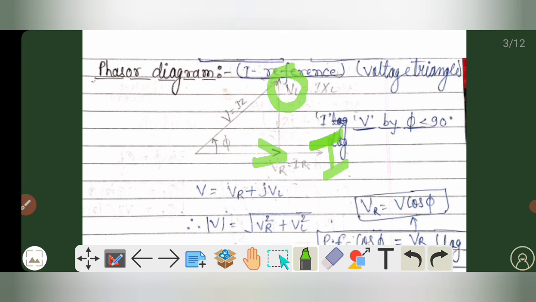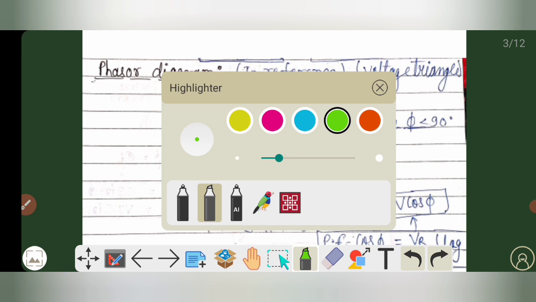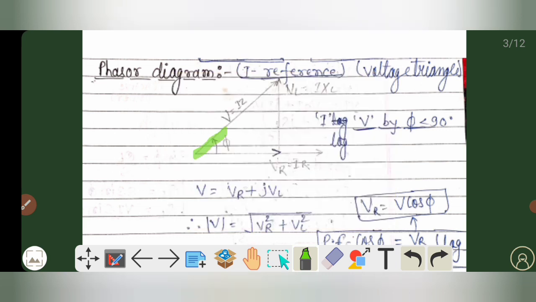To calculate the equivalent, we join these points, and this comes out to be the equivalent voltage, that is V. This is the voltage across the resistor, this is the voltage across the inductor, and this is the current which we have taken as the reference in this circuit.